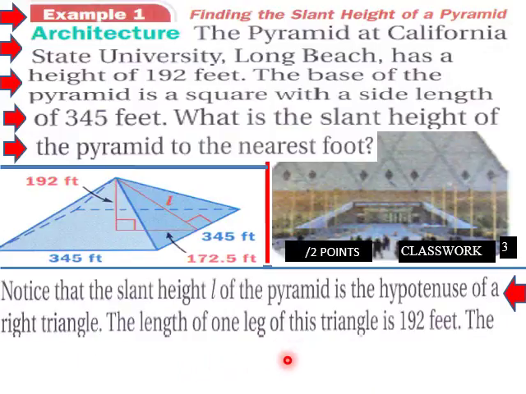The slant height L of the pyramid is the hypotenuse of a right triangle. So the hypotenuse of this right triangle here would be the slant height, which is right here. And then this is the slant height here. These are all hypotenuses of a right triangle. The length of one leg of this triangle is 192 feet.